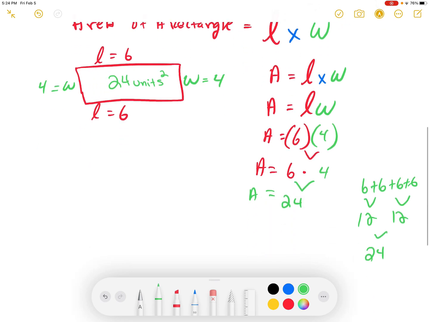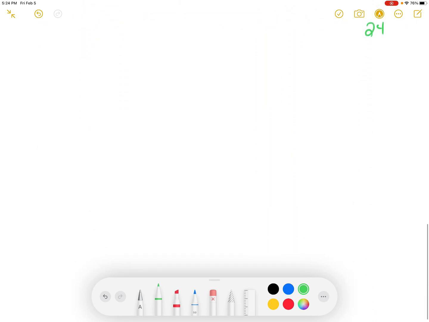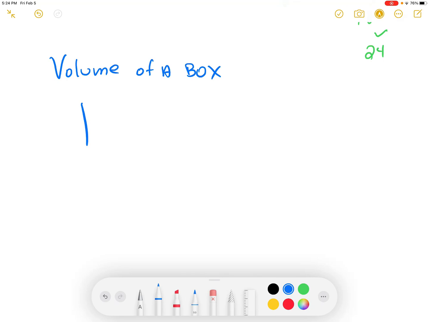And finally, if we're going to talk about volume, remember the volume is how much space it takes to fill up an object. If we're going to talk about the volume of a box, let's draw our box here.